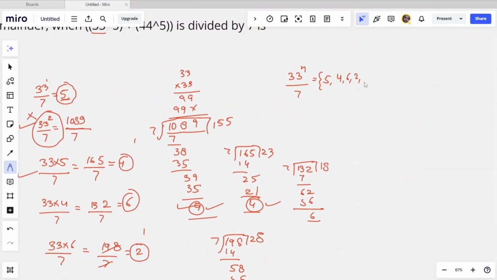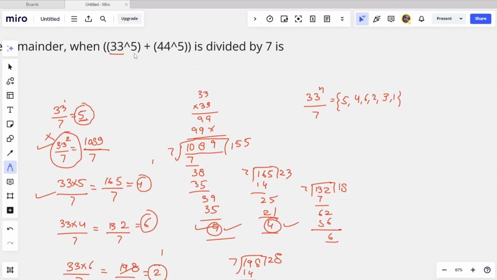Now let's try to divide this power by how many elements are in our remainder cycle. We have 6 elements in our remainder cycle. It means we will divide the power by 6. What will be the remainder? The remainder will be 5. It means 1 2 3 4 5. The fifth element in the remainder cycle will be the answer of this expression. It means 3 is the answer of this expression.